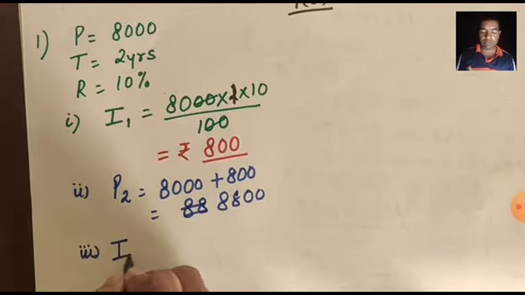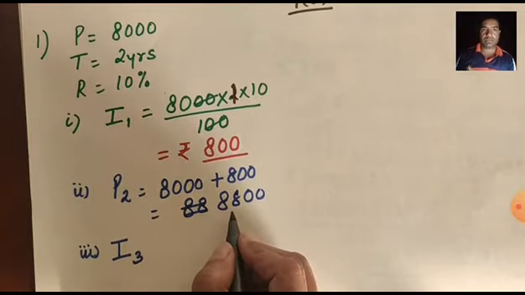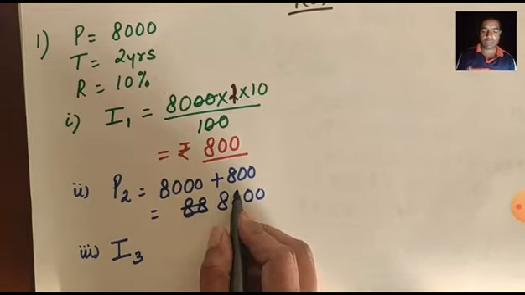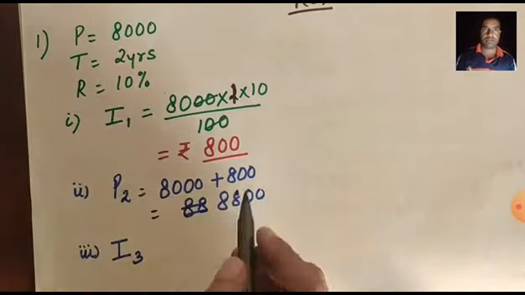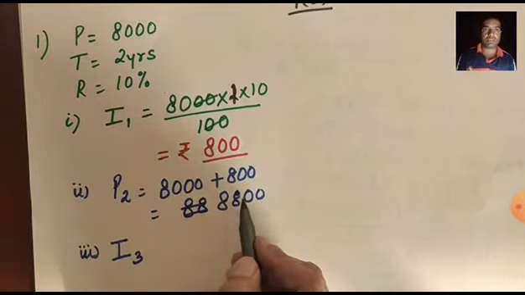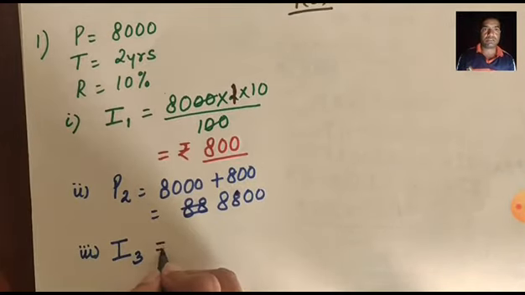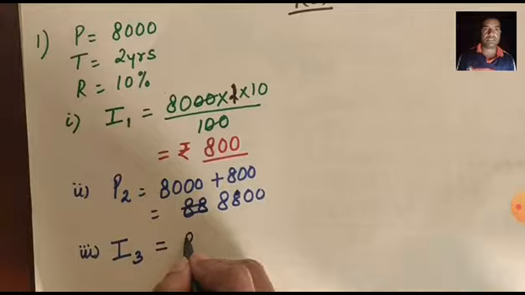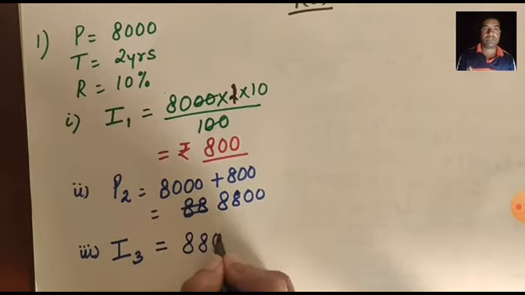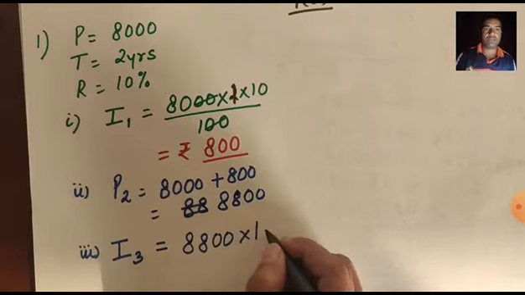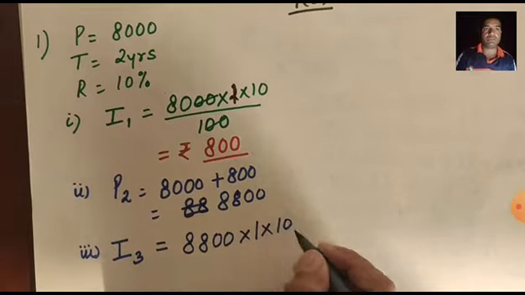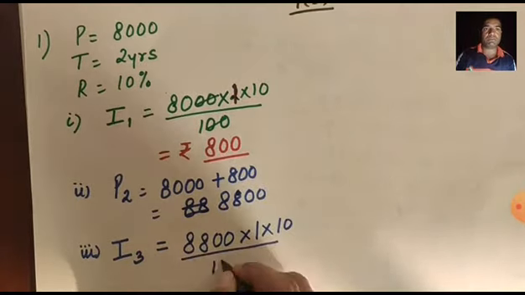Third, we have to find the interest for the second year, that is I3. How do we find I3? The principal is 8,800, PRT, R will be 10, T will be 1, upon 100.